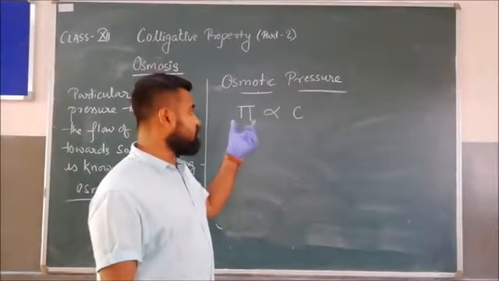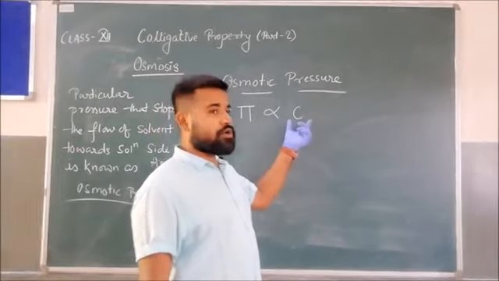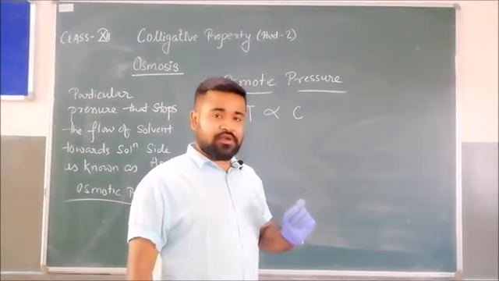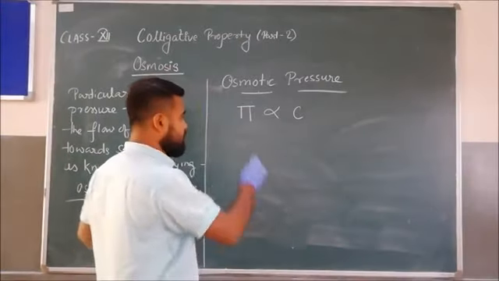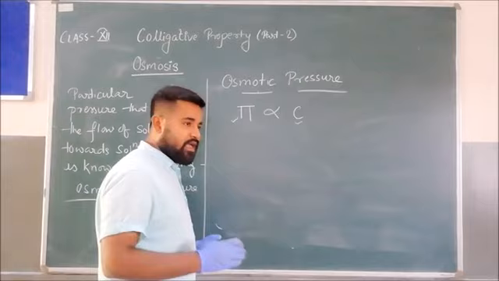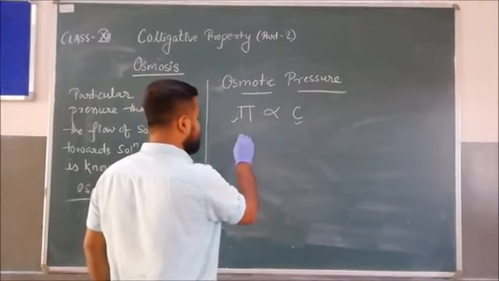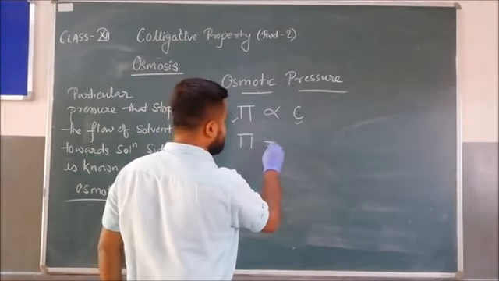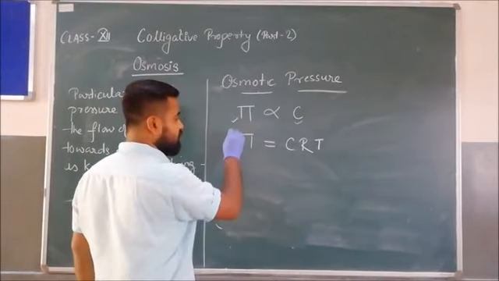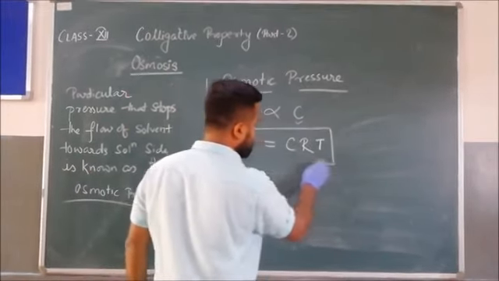So we can write pi is proportional to C. This can be written as pi equals CRT.